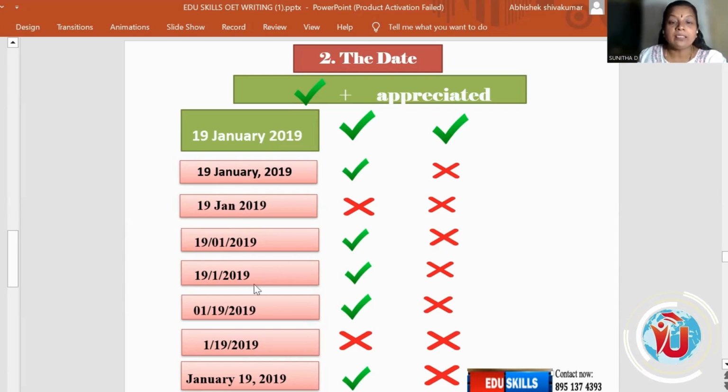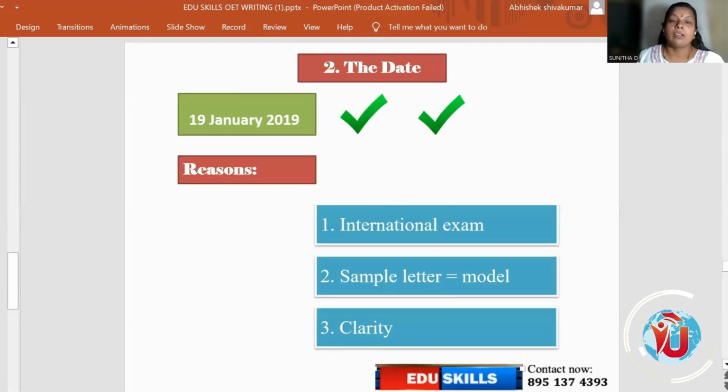The remaining three formats are right, but not appreciated by the OET official. The seventh one is not right and not appreciated either. And the last one is right, but not appreciated by the OET official. So this is the right format for writing a date in the writing subtest.